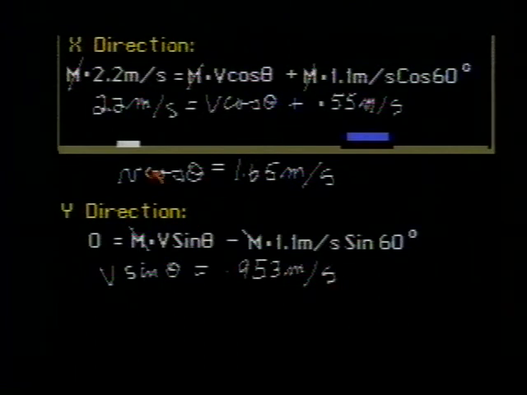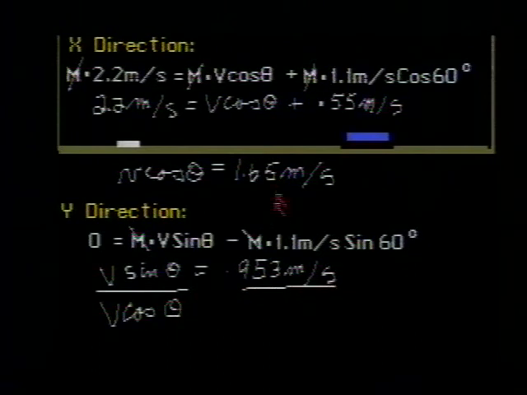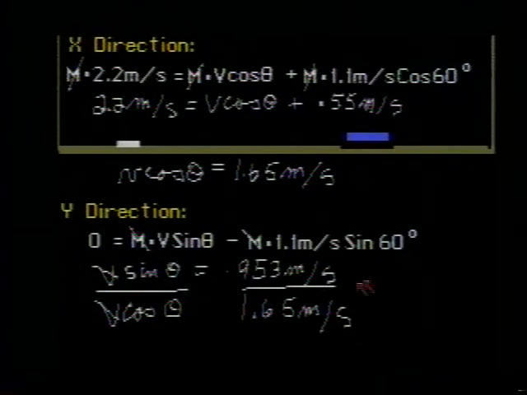I want to take the second equation and divide it by the first one. That will get rid of the v's, and I'll be left with sine theta over cosine theta, which is equal to the tangent of theta.